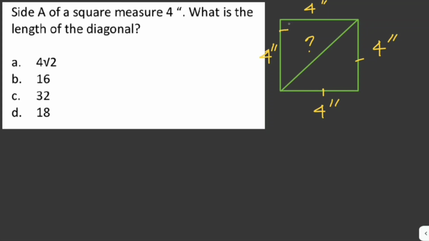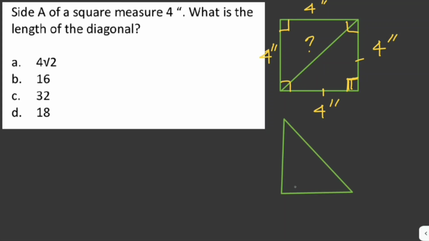Since all of the corners, the angles of a square, are equal to 90 degrees, if we cut the square in half, we form two right triangles.